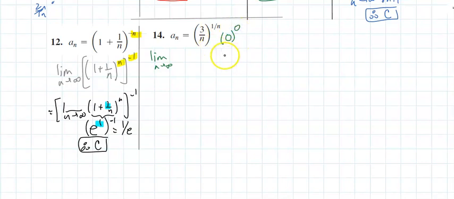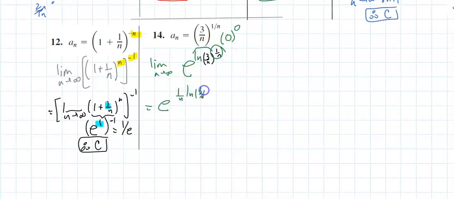Either I take log of both sides, or I rewrite this problem as e to the natural log of whatever you see. And that would be e. One of the properties of logs, I could move that up front. I forgot the limit. Let me fix that. I apologize.